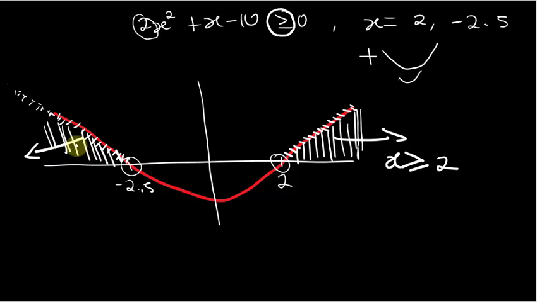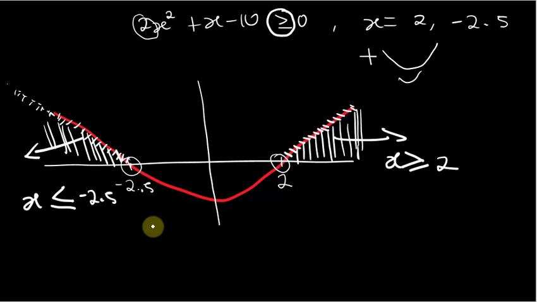Since we are moving in this direction, the negative 2.5 is also inclusive. So this inclusive symbol should come. Therefore, it's going to be x is less than or equal to negative 2.5.